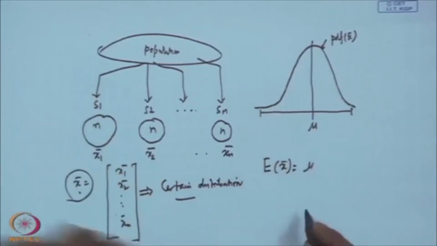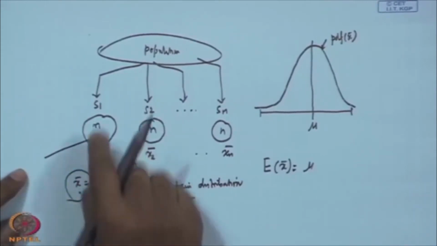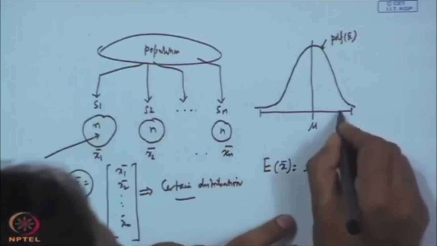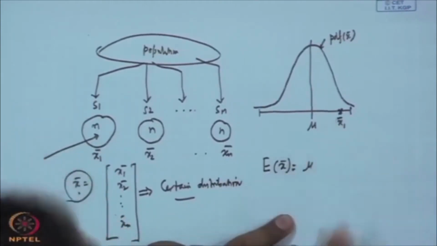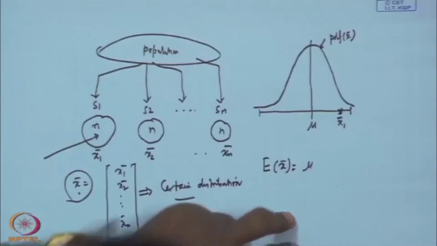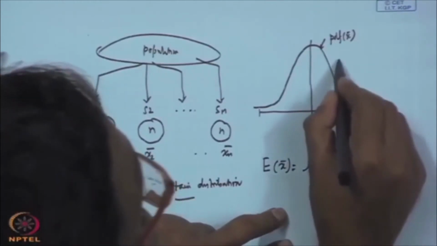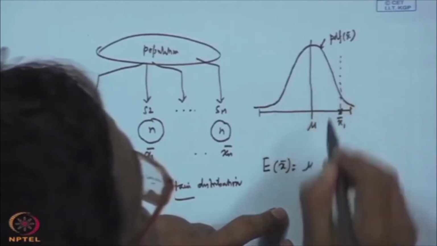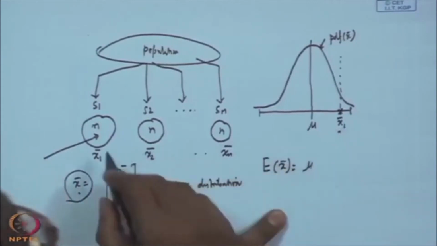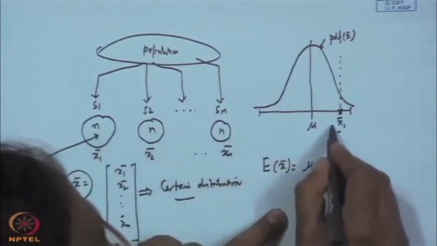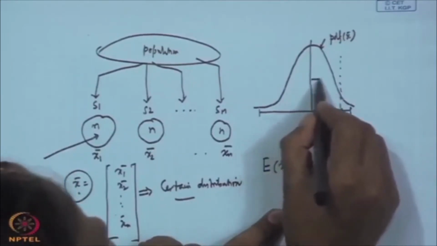Now, let us talk about sample 1, and you have computed x bar using sample 1, and the value of x1 bar is falling here. So, what is our interest here using the confidence interval? We want to know whether this x1 bar, computed using sample 1, is representative of mu or not. It all depends on the distance between these two.